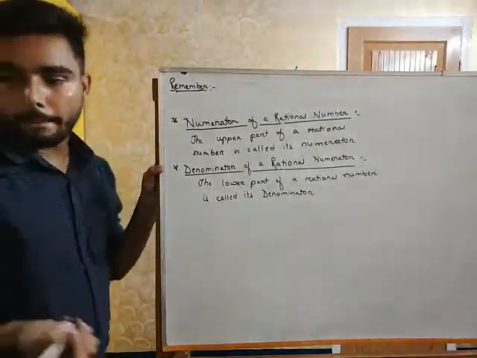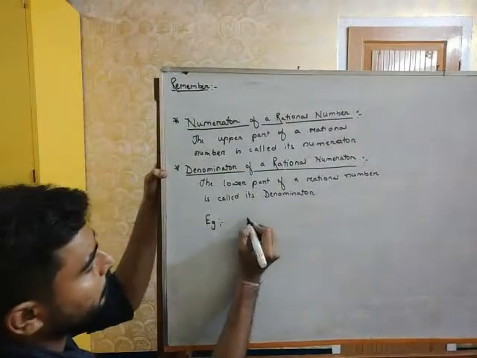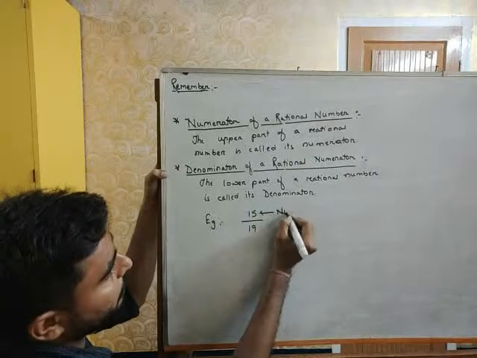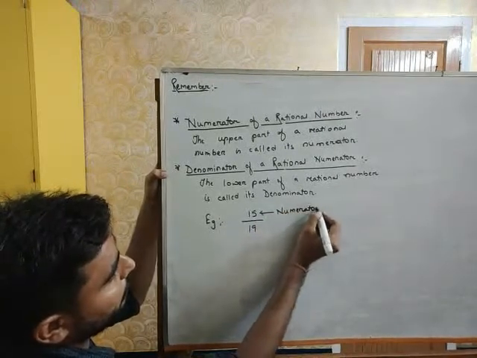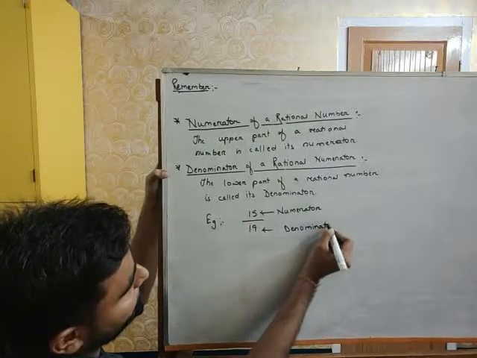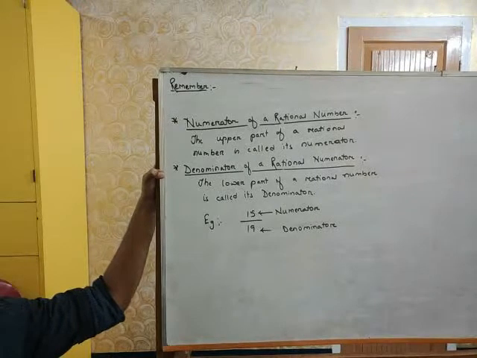Is it clear? So for example, I can say 15 by 19. This is the numerator and this is the denominator. Clear everyone? Please note it down.